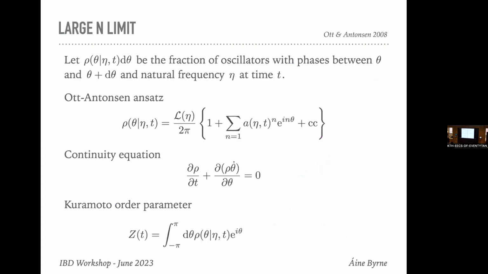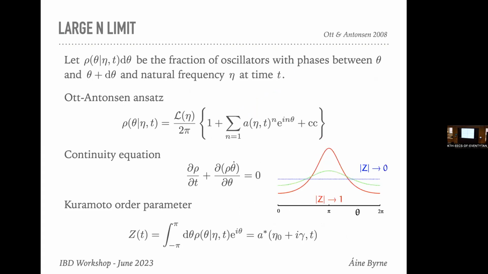Okay. And with that, we can apply what's known as the Ott-Antonsen ansatz, which assumes a certain shape for the distribution of those phases, which has been proven to be the correct shape. And we use a continuity equation, and the ansatz really tells us about the distribution of those phases.